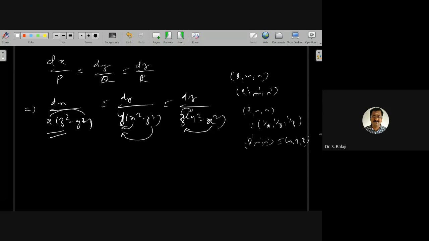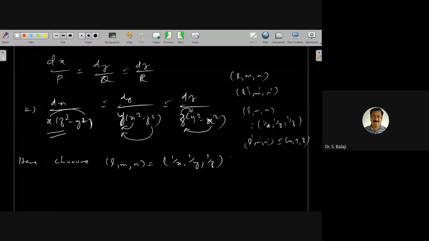You have to choose L, M, N and L dash, M dash, N dash this way. Choose L, M, N as 1 by x, 1 by y, 1 by z.